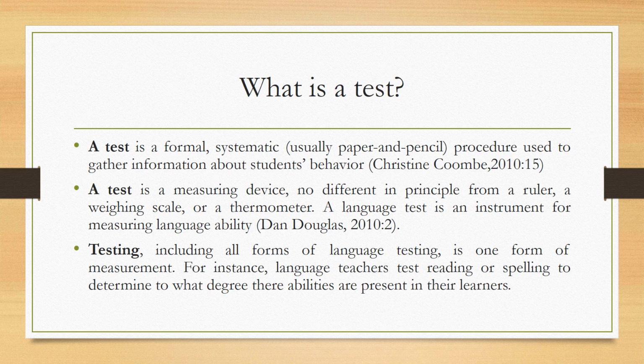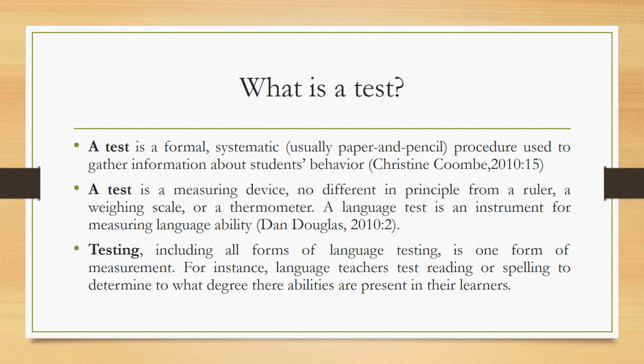Usually paper and pencil. She says here that usually it has this form, a written form, paper and pencil form, which means that it is a written form. This means that the test can have other forms. Okay, it can be oral. It can be in the form of an interview. Is it clear?